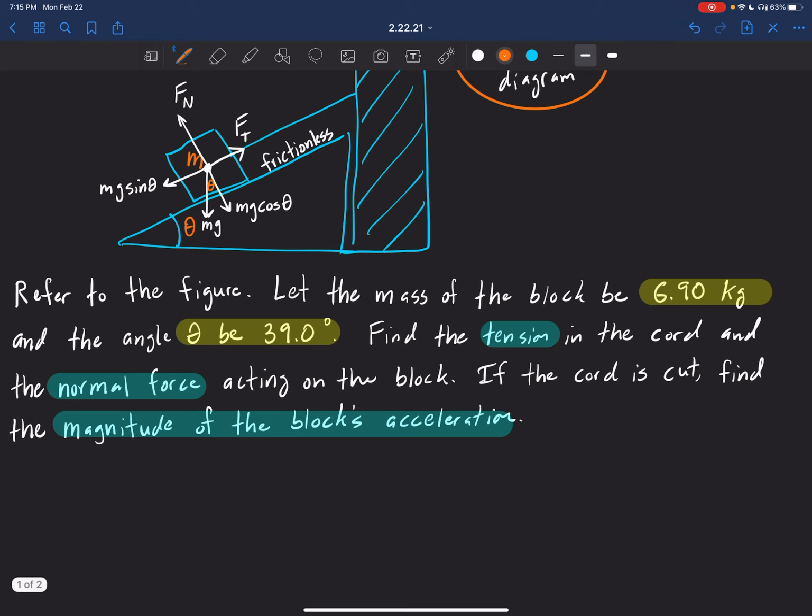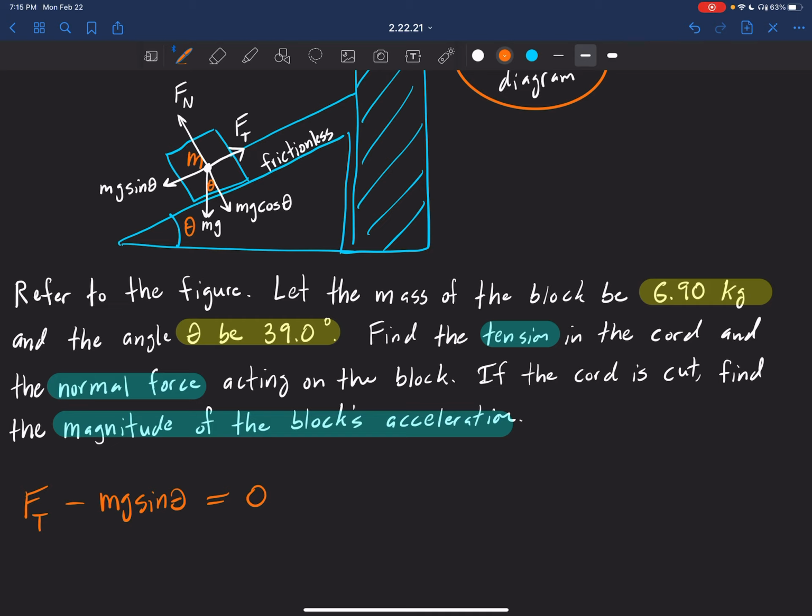Just from looking at the figure that I've drawn, you can see that they're going to be true. The first one is that the tension force minus mg sine theta is equal to 0.